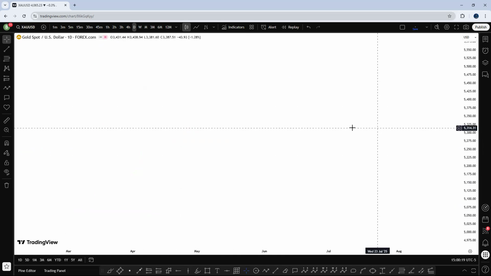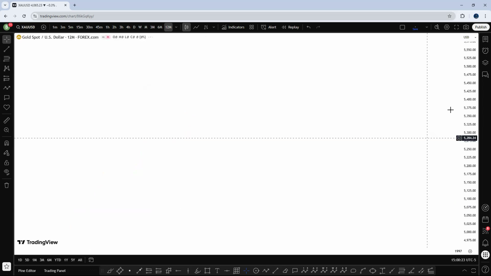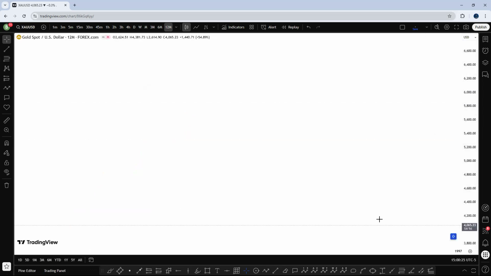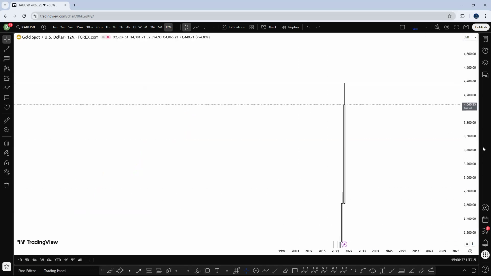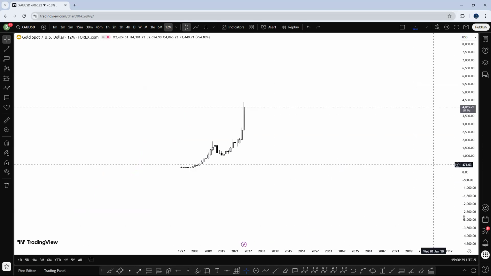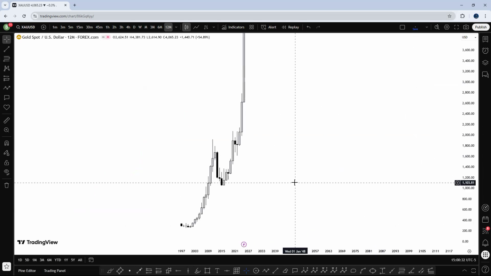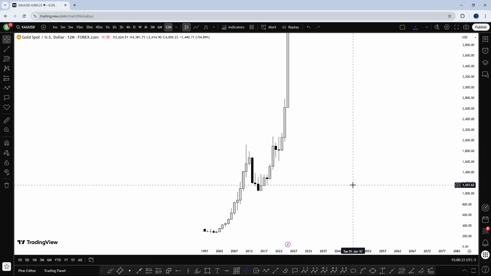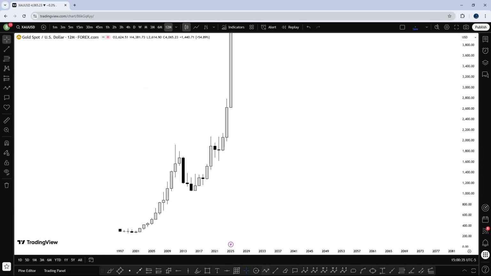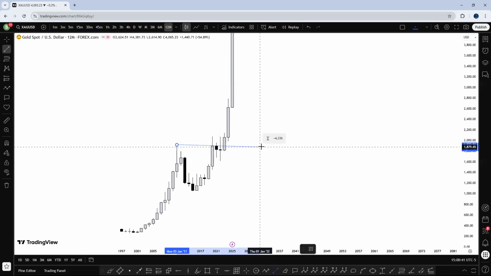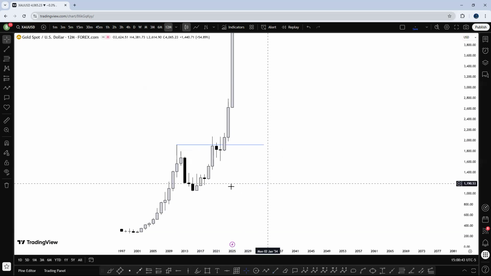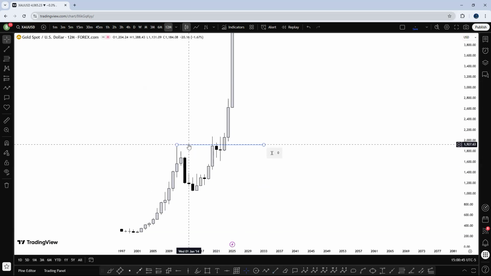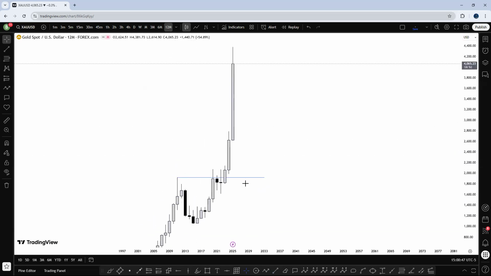So if you go to gold like 12-month time frame, you can see this. You can judge this, for example, as our main structure on a yearly time frame.